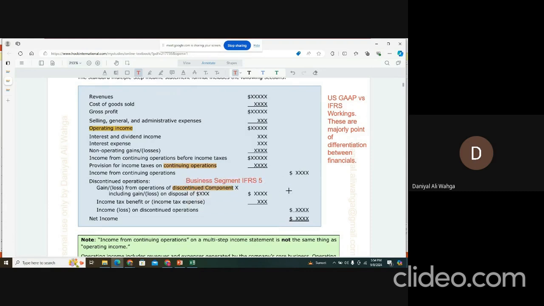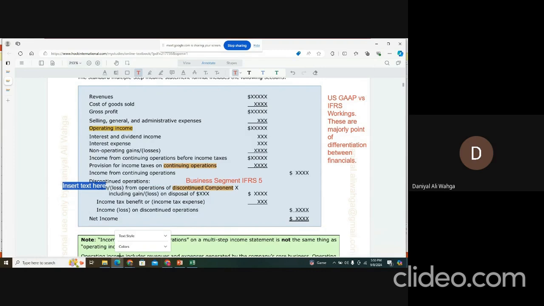Here you see a discontinued component and its related workings. Then you get to see gain or loss on disposal. You sold your asset or a business segment and then you relate towards it.